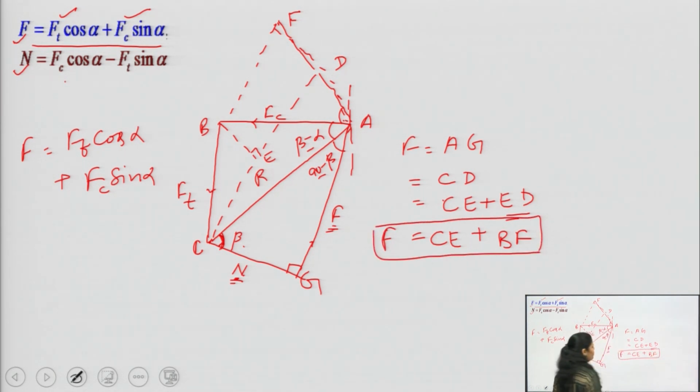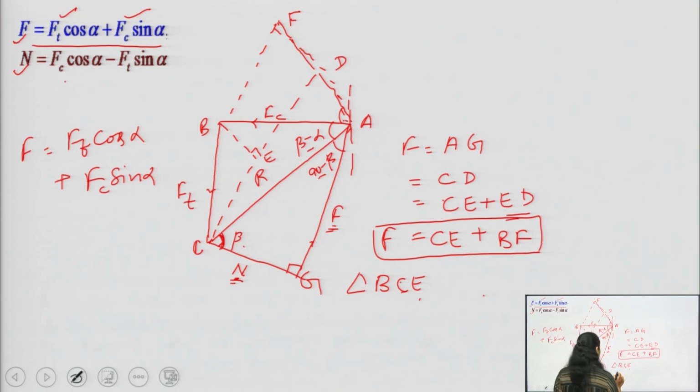So, now what we have to do? We have to find out the value of Ce and Bf. So, see the value of Ce, Ce is basically this one and Bf is this one. So, we will find out the value. So, first we will take the triangle BCE. Okay.